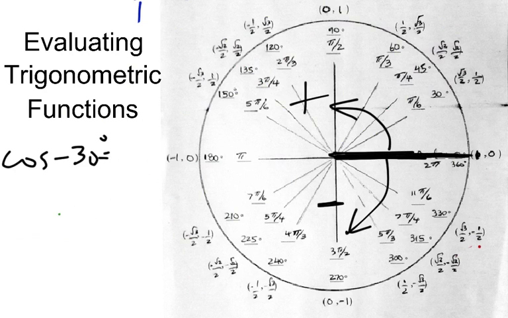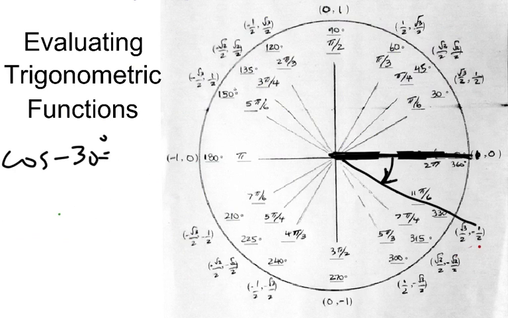Again, you start on the positive x axis, going positive angles one way, negative angles the other way. So if I'm doing negative 30, I just start the other way. Because if this is 330, 360 minus 30, that will be 30 degrees. So that's my negative 30.